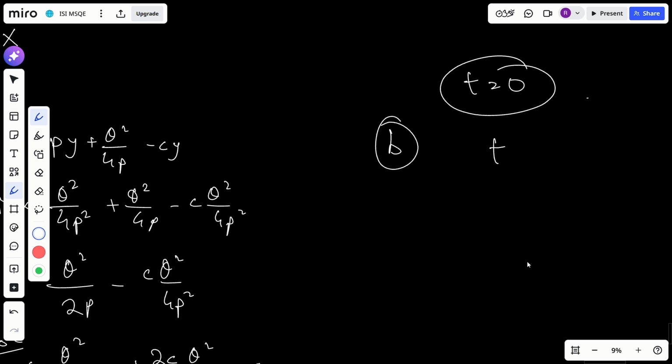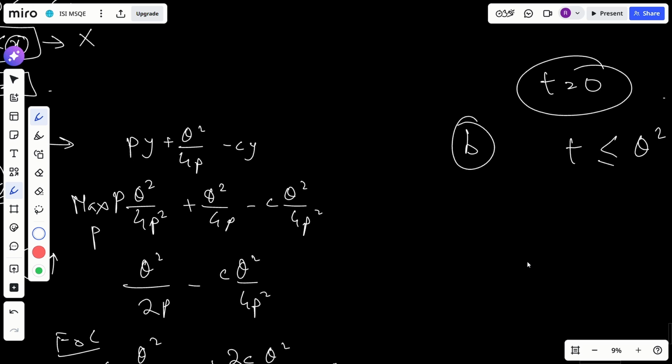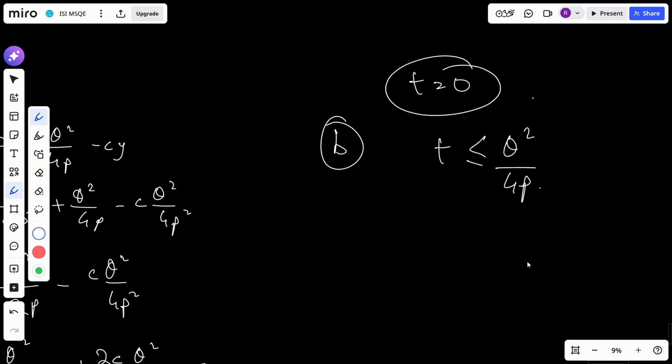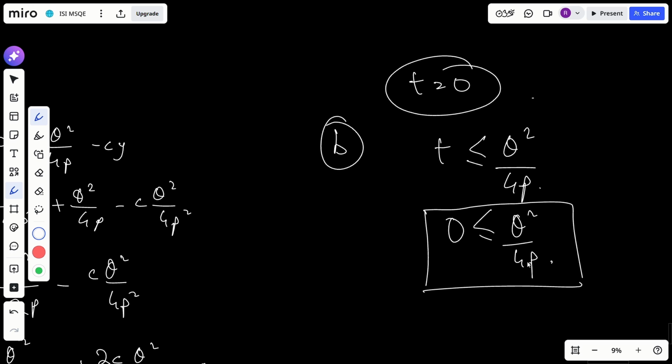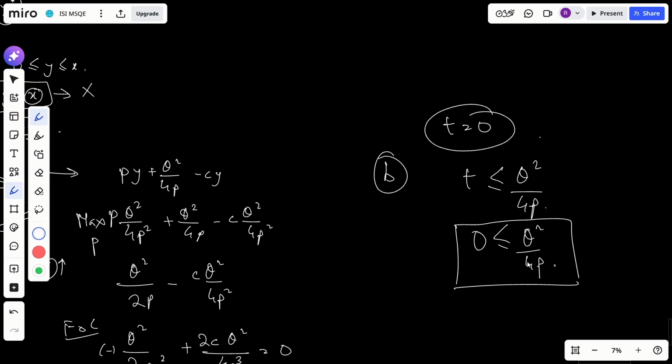What was our condition? T is less than or equal to theta square by 4p. So t is 0, so theta square by 4p has to be greater than or equal to 0. It can never be negative because theta and p both are non-negative in nature. So it will automatically hold this condition, and the consumer will always buy y star units.